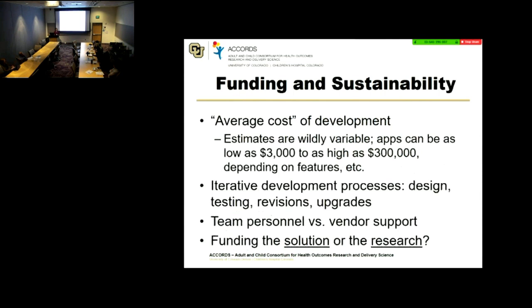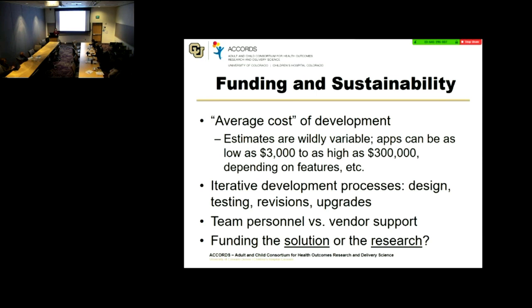Funding and sustainability. One of the most common questions I get asked is, how much does it cost to build an app? My answer always, unfortunately, has to be that it depends, because I have been involved with projects that have cost as little as $3,000 and as much as $300,000, depending on the complexity of the solution and all of the different types of things that people want to do with it.